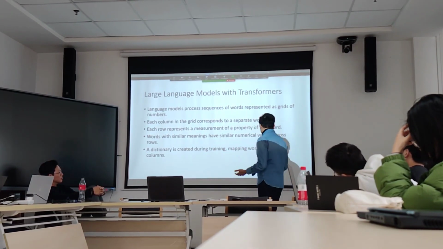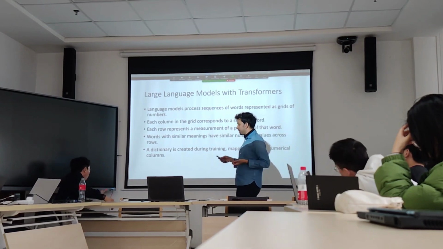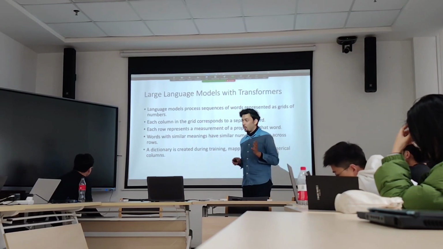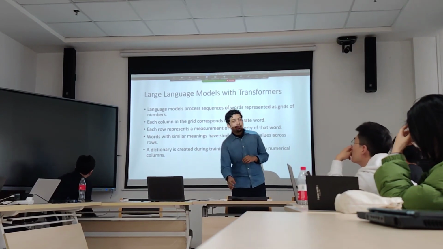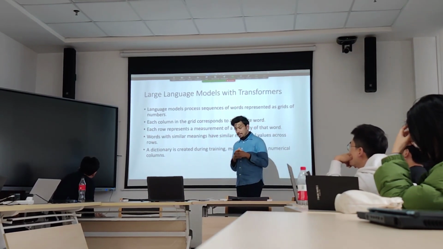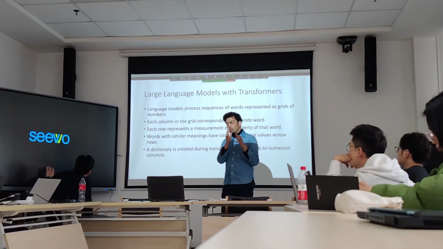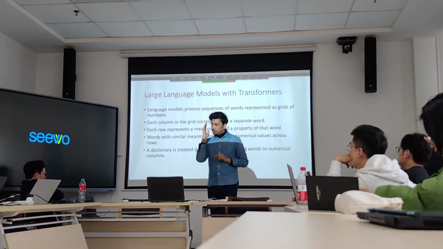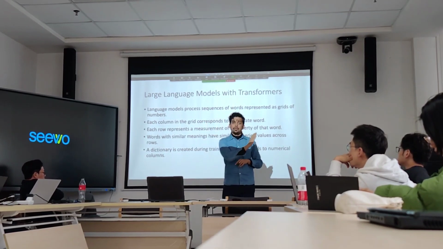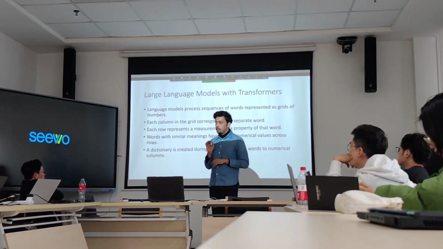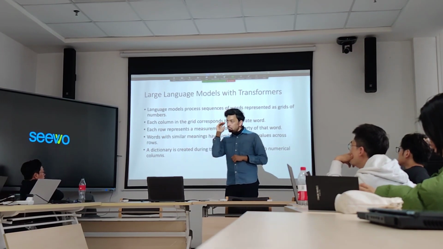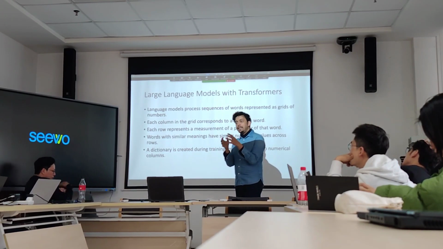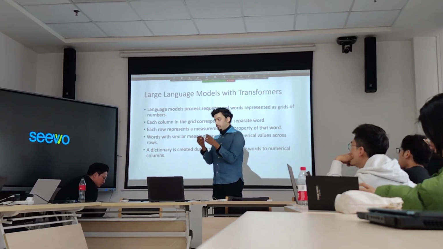Okay. Let's see if I need to write. Okay, I can gesture a lot. So the way it's going to be is in column major order. There is a matrix. Every column of that matrix is a word. Every row of that matrix is some parameter of the meaning of the word.